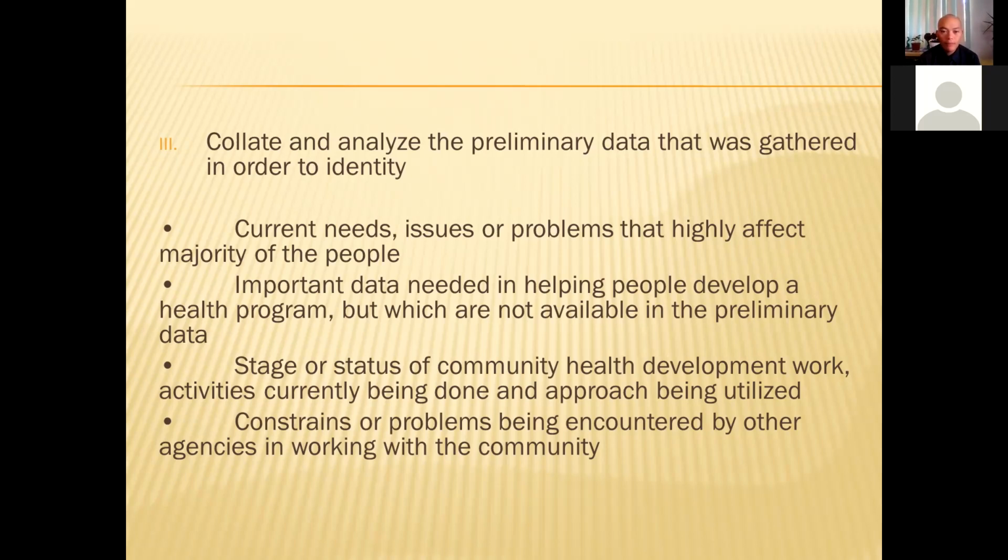What are the major problems? Important data needed in helping people develop a health program, but which are not available in the preliminary data. Stage or status of community health development work, activities currently being done, approach being utilized, constraints or problems being encountered by other agencies working in the community.